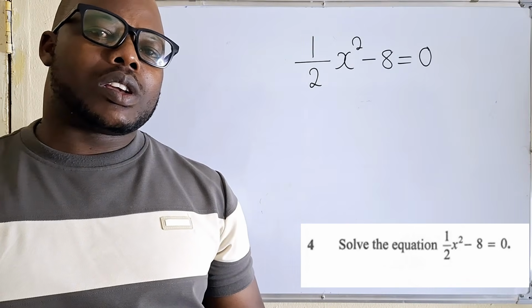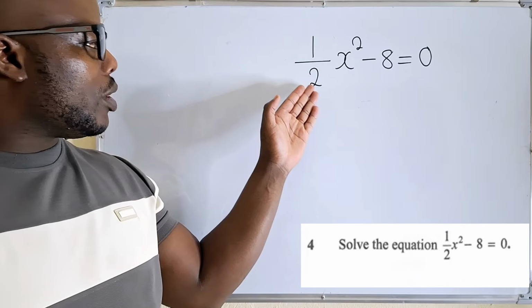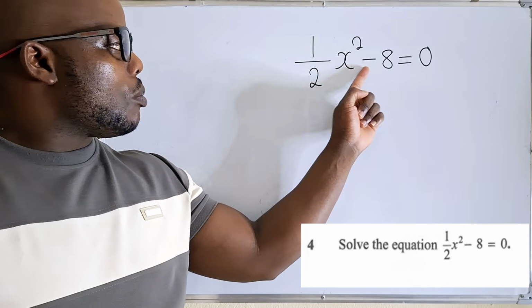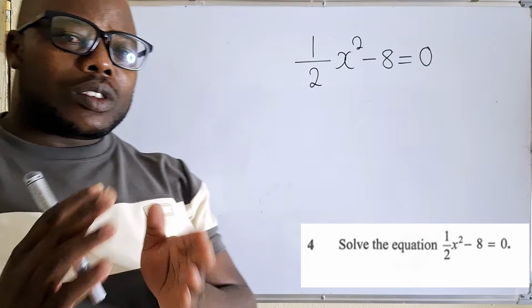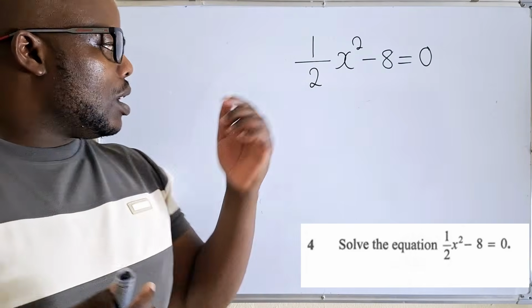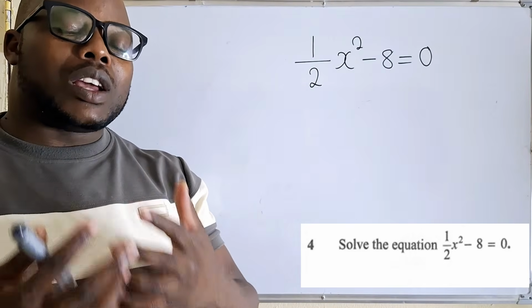Okay, so right here, we solve this equation. We've got 1 over 2 multiplied by x power 2 minus 8 is equal to 0. So for this equation to be solved, we'll first clear the fraction. So this denominator right here, we'll clear it.